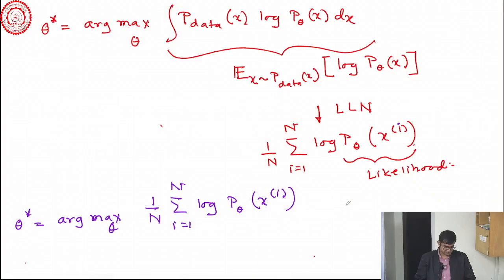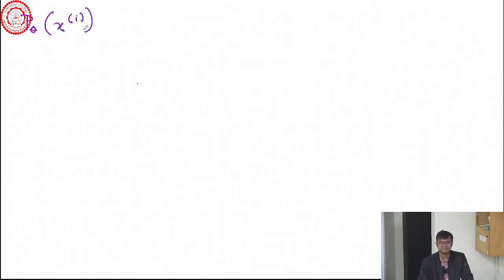Okay. So we're going to further decompose this thing, right? Let us do that. P theta of xi. I'm taking only the ith sample. We know that this is equal to the product over j equal to 1 to k, k features being what we assumed.